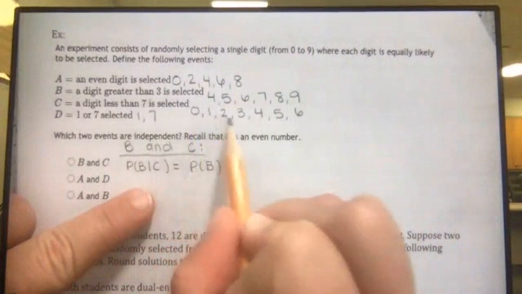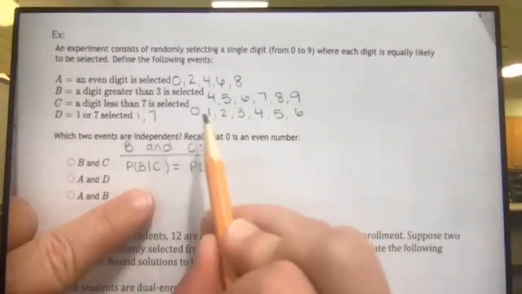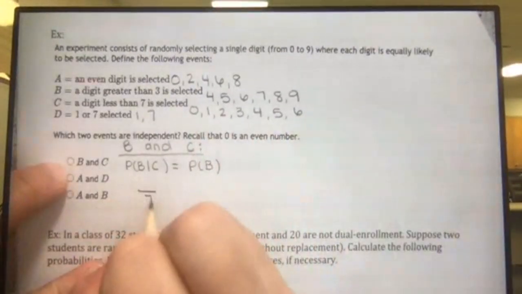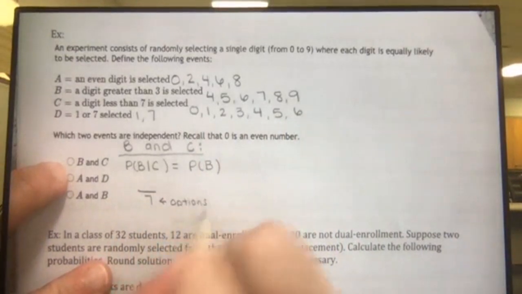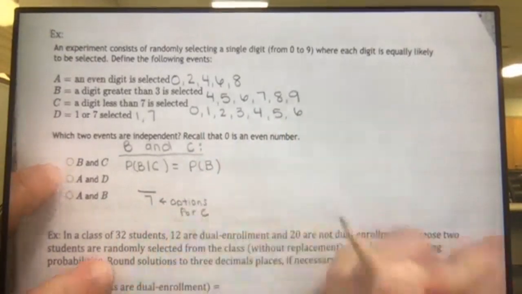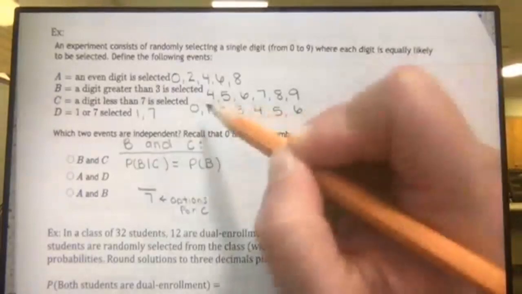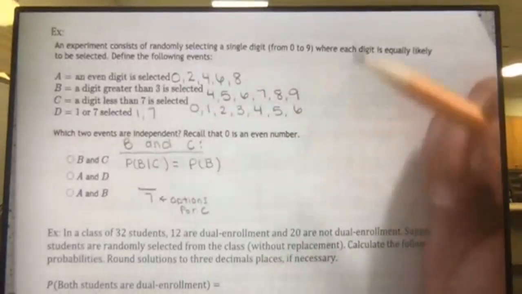Our only options are 0, 1, 2, 3, 4, 5, 6. That's our only options. So that means I have 1, 2, 3, 4, 5, 6, 7 options. Out of these options, how many from B, the probability of B and C, do they have in common?